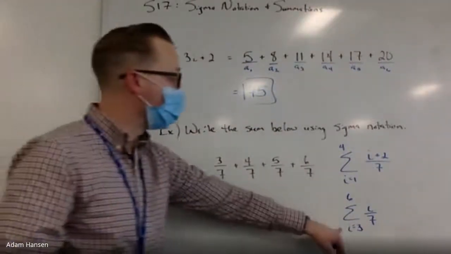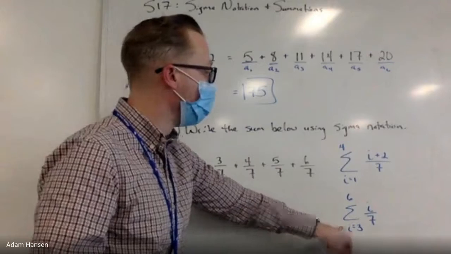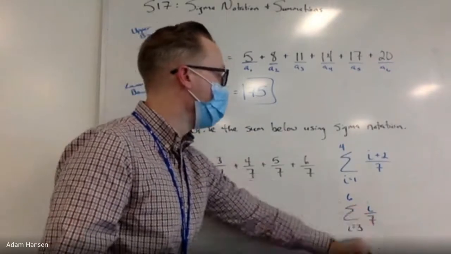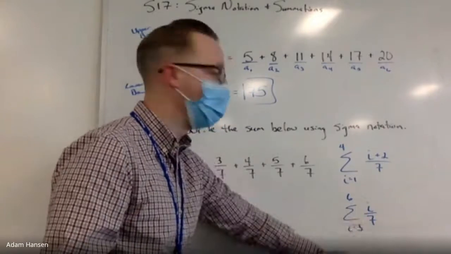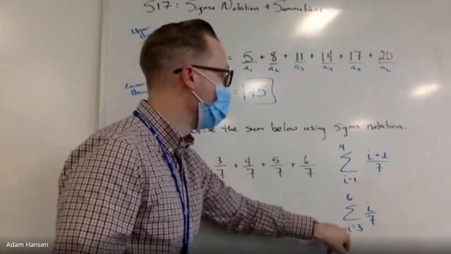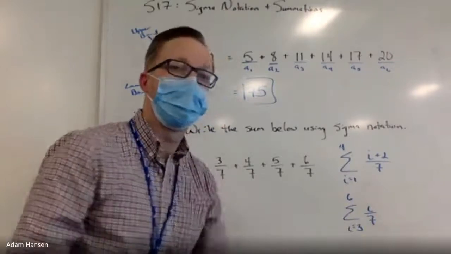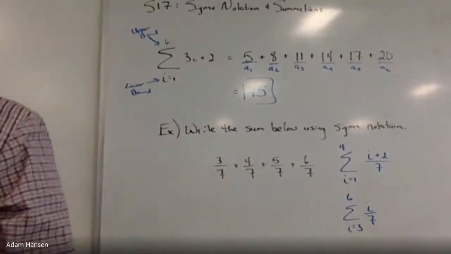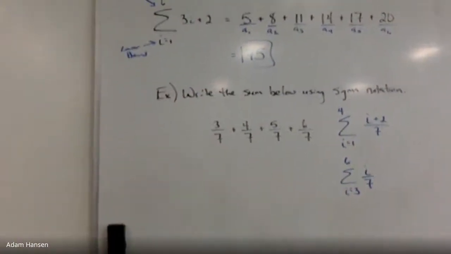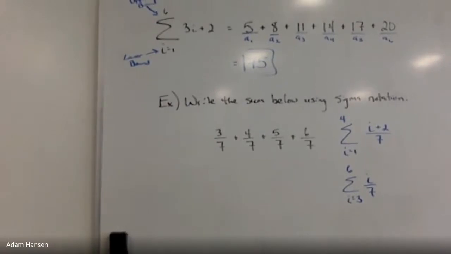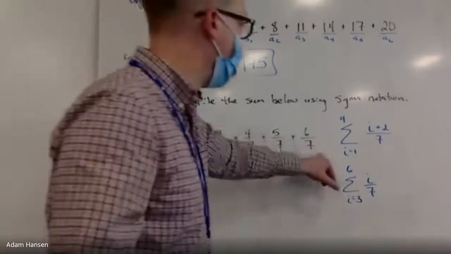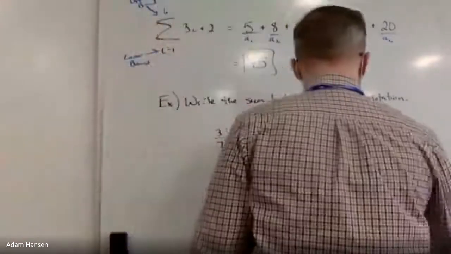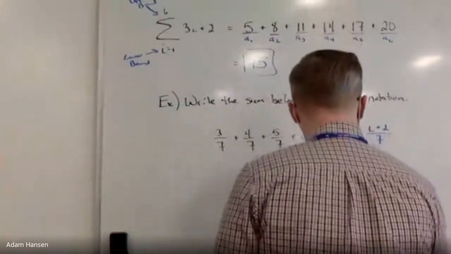Starting from an index of 3, starting from a lower bound of 3, i is 3, 3 sevenths. Go to the next integer, i equals 4, 4 sevenths, add that on. The next integer, i equals 5, 5 over 7, add that on. So those are probably the two that I would think of. Nothing says you can't start with different numbers besides 1 and 3. What if I start with 4?